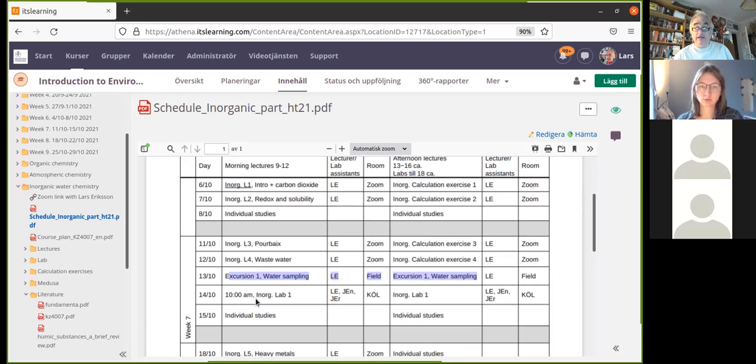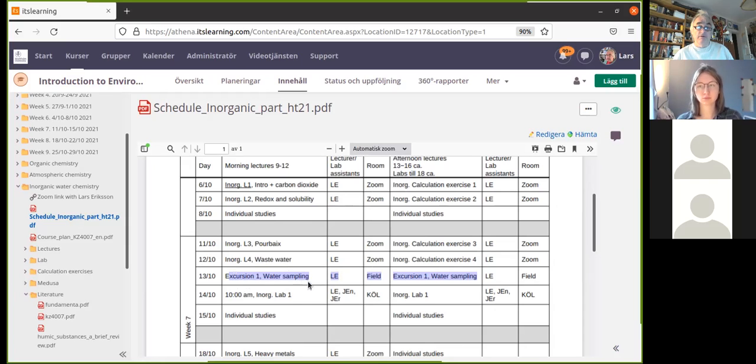And then the actual inorganic lab is analyzing these waters regarding some parameters in a course lab. So we will have 2 course labs at our disposal. We will look at alkalinity and some metal ions, some other ion content, sulfate ions, chloride ions, but this is regular wet labs, so to say.